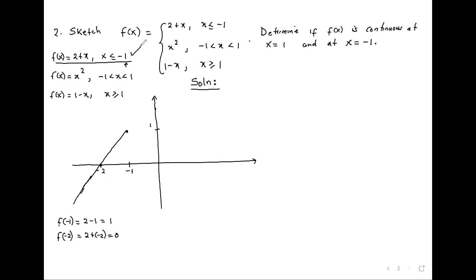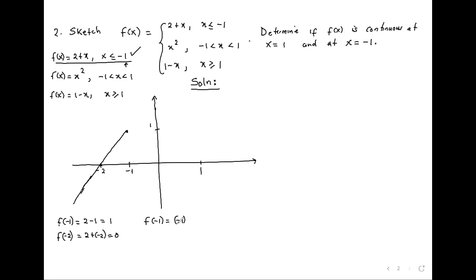Then, if the values of x are from -1 to 1, you no longer use 2 plus x. You now use x squared from -1 to 1. Since -1 and 1 are the boundaries, you need to use them.